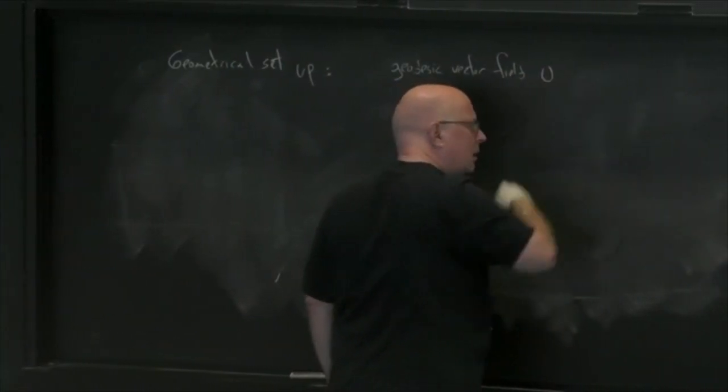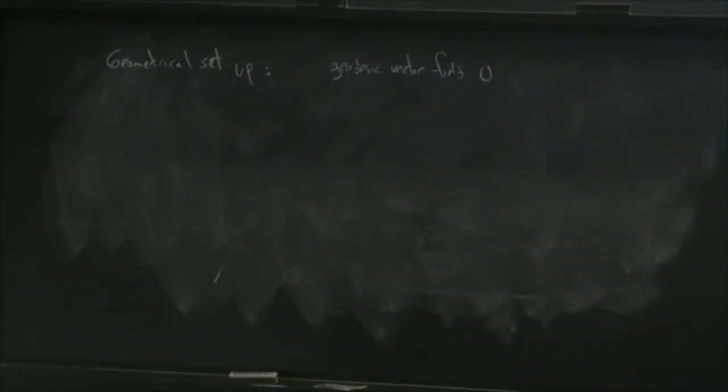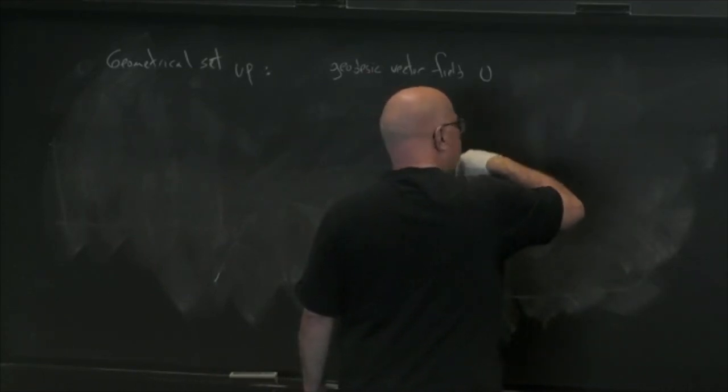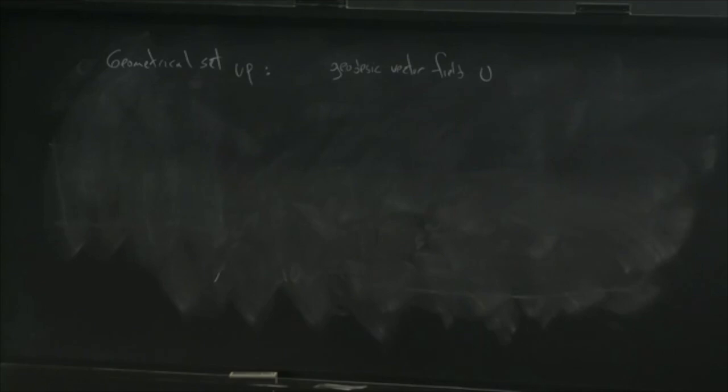Call that, how do I call it in my notes? I want to use the same notation. I call it T. Sorry, maybe I'll change my notation here to be consistent with what I was doing before.